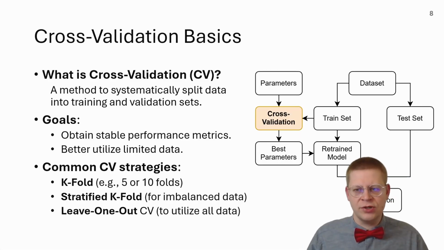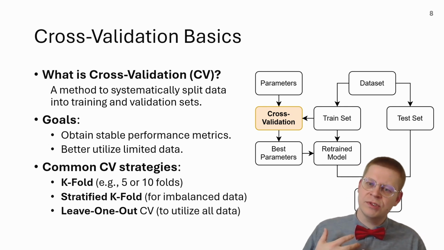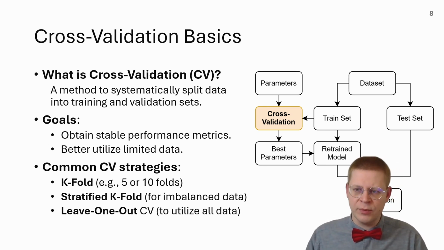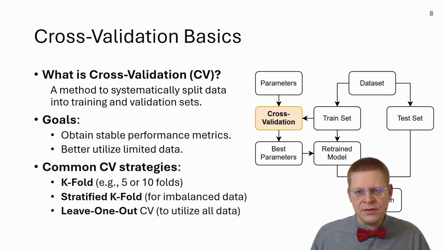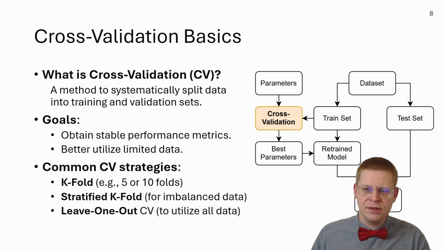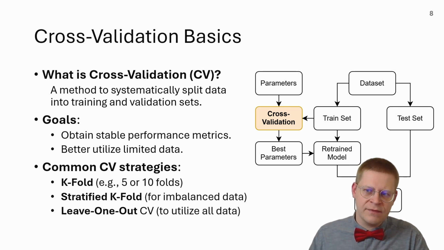What exactly is cross-validation? Well, at its heart, cross-validation is about getting a more stable and accurate estimate of a model's performance than a single train test split would provide. Instead of training on one big chunk of data and testing on a small leftover chunk, we rotate through multiple subsets of the data as our training and validation sets. The most typical variant you'll encounter is K-fold cross-validation, but there are a lot of other strategies.